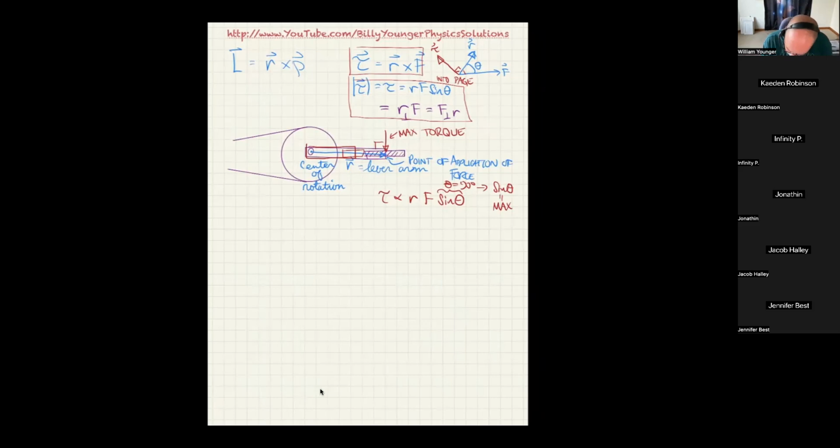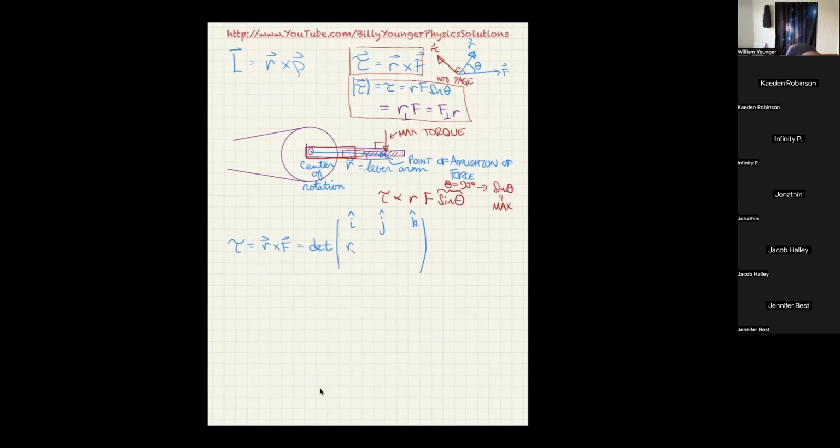So just to refresh, the torque is equal to R cross F means it's equal to a determinant of a matrix, and that matrix is supposed to have an I hat for the first vector, the top left, first row, first column, a J hat for the first row, second column, and a K hat for the first row, third column.